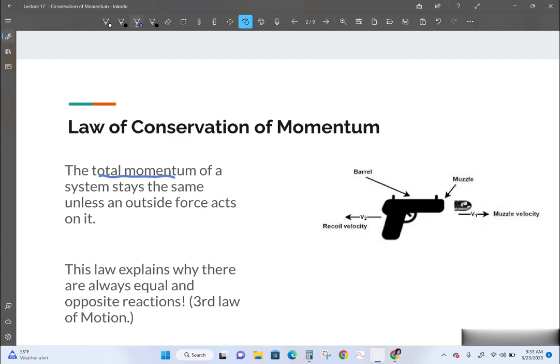So what is the total momentum of a system? Well, let's talk about this gun. The momentum of the gun plus the bullet to start with has always got to stay the same. So after it's fired, it has the same total momentum.